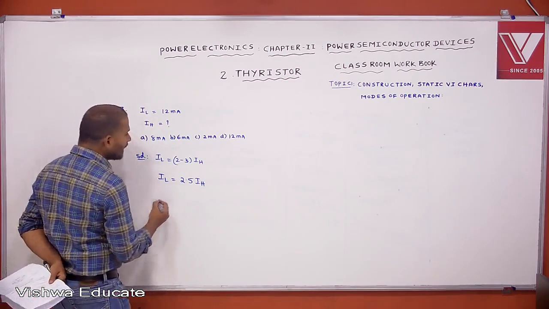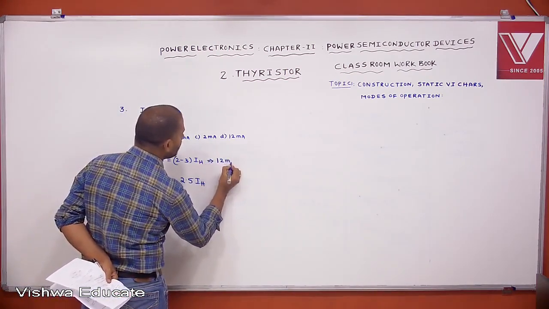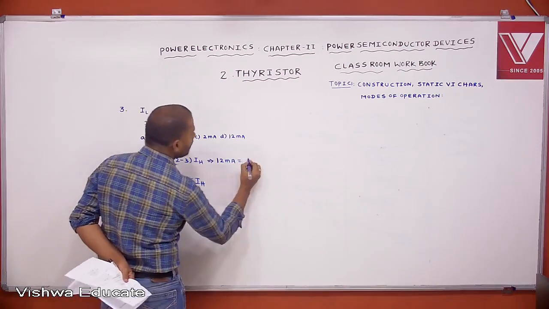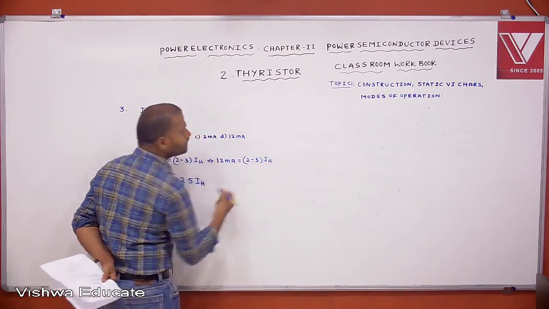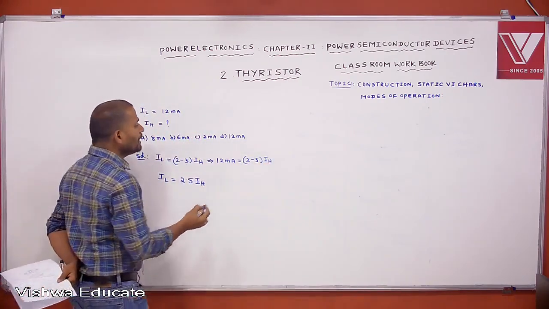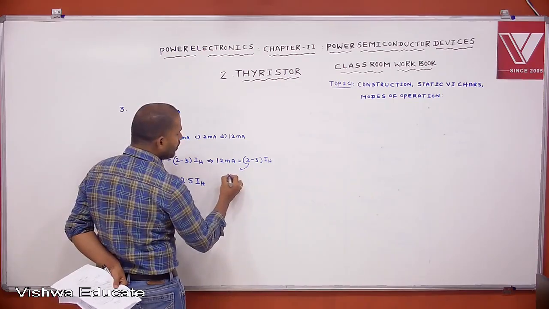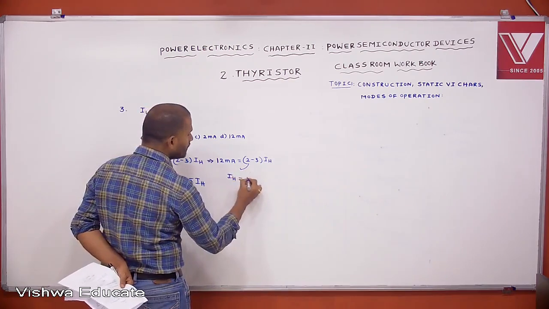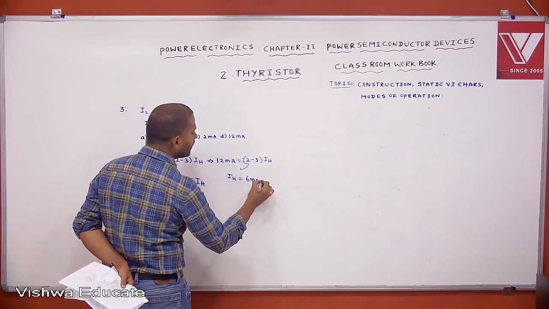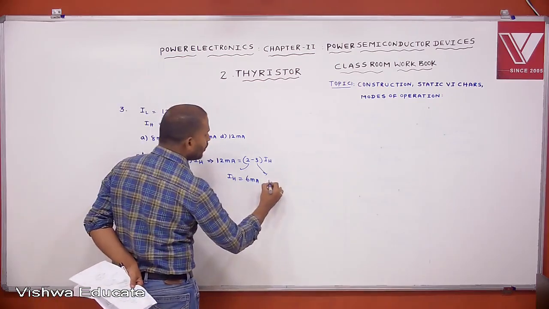The latching current given is 12 milliampere, which is 2 to 3 times the holding current. If you take 2 times, what is the holding current? 6 milliampere.